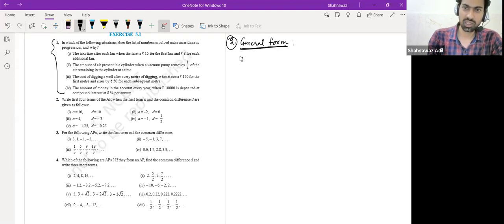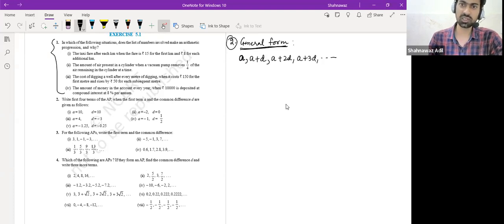The first term is A, right? The second term is D greater than the first term. The third term is 2D greater than the first term. And then you have 3D. Right, this is the general form, right, Talha?